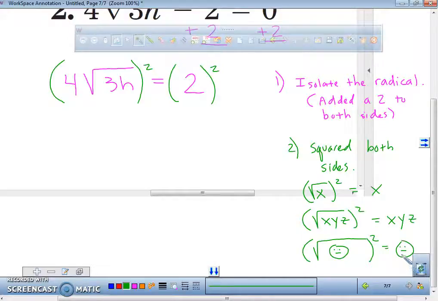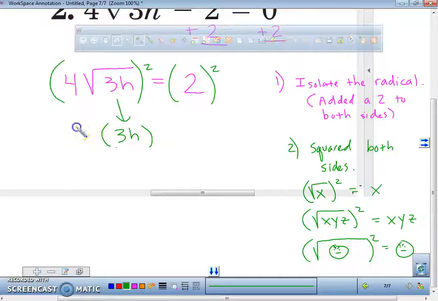All right? If I made it angry face, then I'd have to draw those little angry eyebrows. Okay? So whatever you have inside of a radical, if you square it, it is whatever it is inside the radical. So what am I allowed to bring down in this radical? What is the square root of 3h squared? That's just going to be 3h.